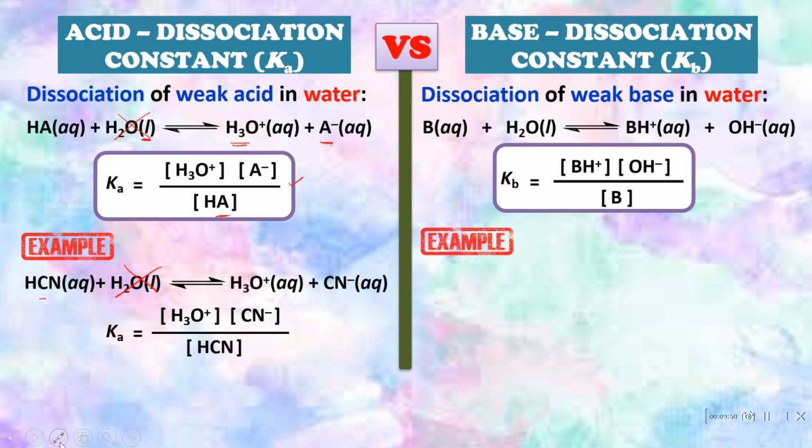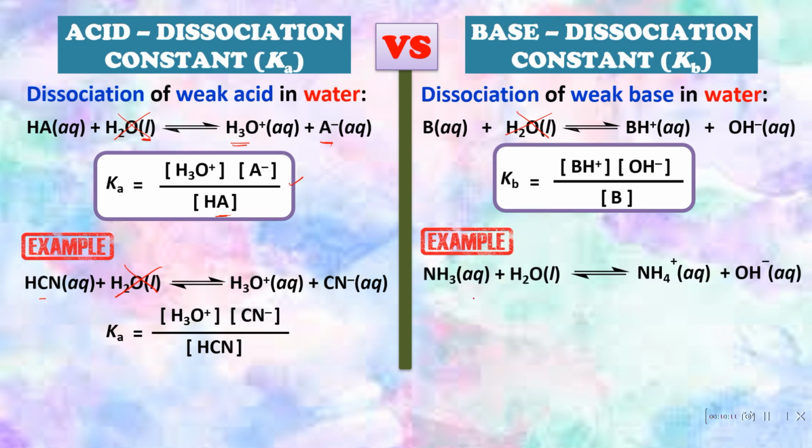Since H2O is a liquid, it is not considered in the Kb expression. So therefore we get Kb: concentration of BH plus times concentration of OH minus over concentration of the weak base.